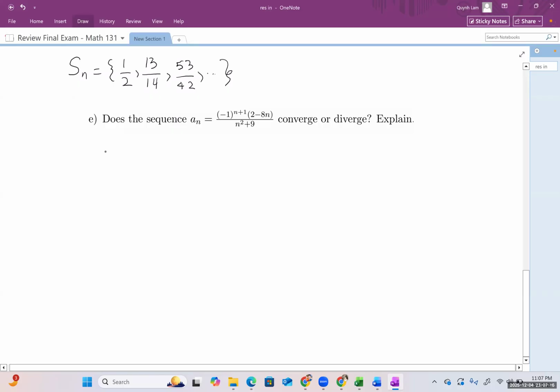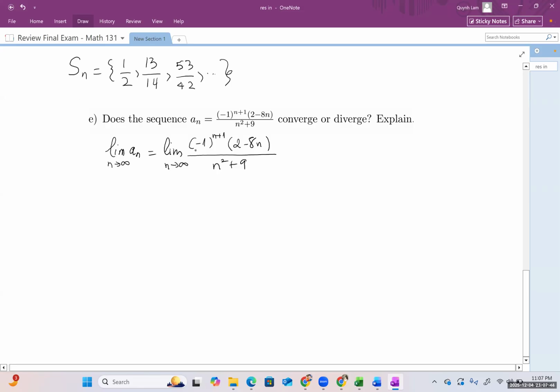So what you need to do is just take the limit on it. The limit as n goes to infinity of (-1)^(n+1) times (2 minus n) over (n squared plus 9).